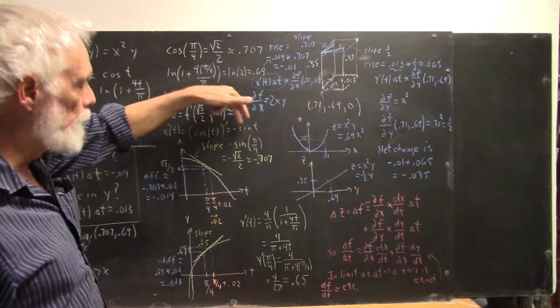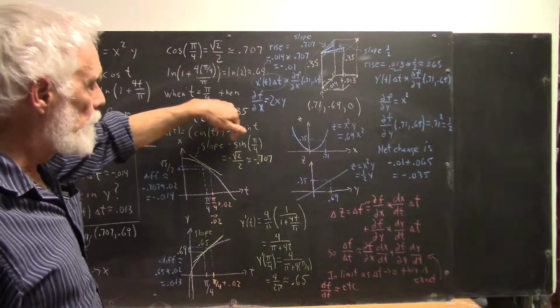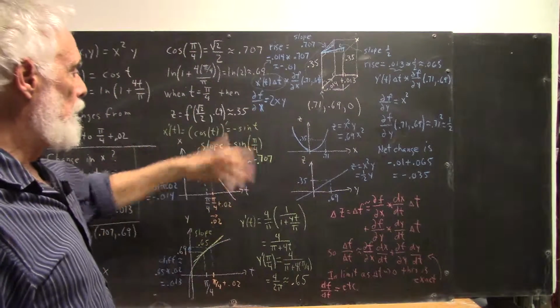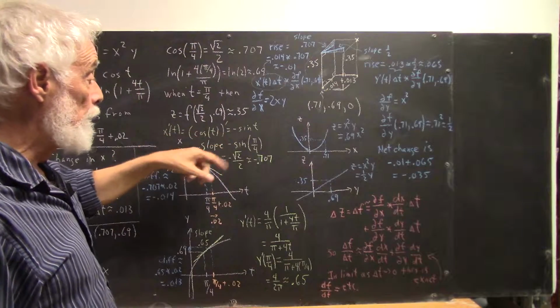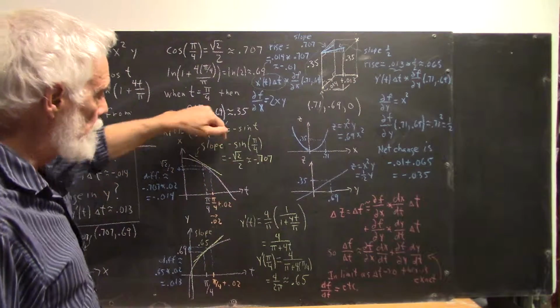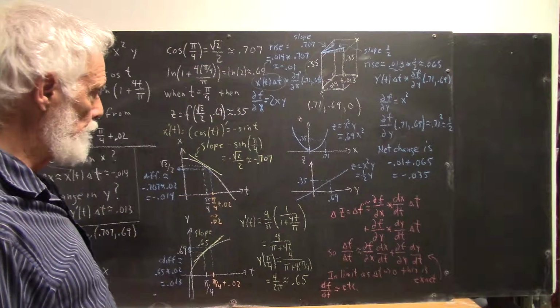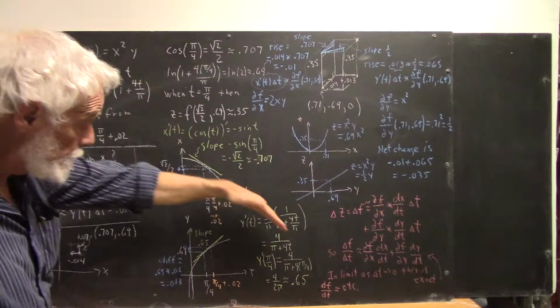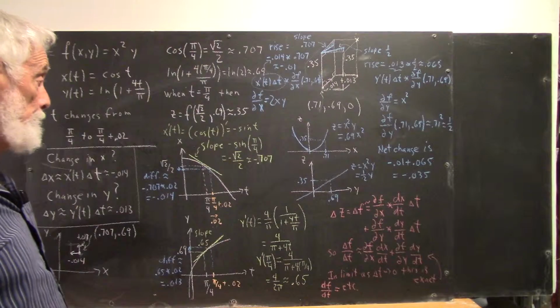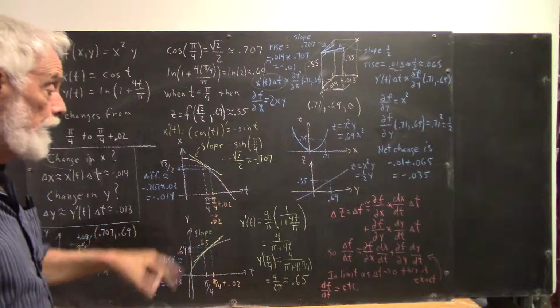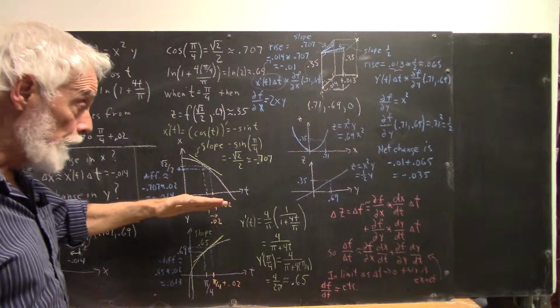The derivative of cosine of t is negative sine t, so we evaluate the sine at pi over 4. We get, again, square root of 2 over 2. But since we have a negative sign, we have negative square root of 2 over 2, negative 0.707 approximately. That's our slope. Now we change t by 0.02, that's a run.